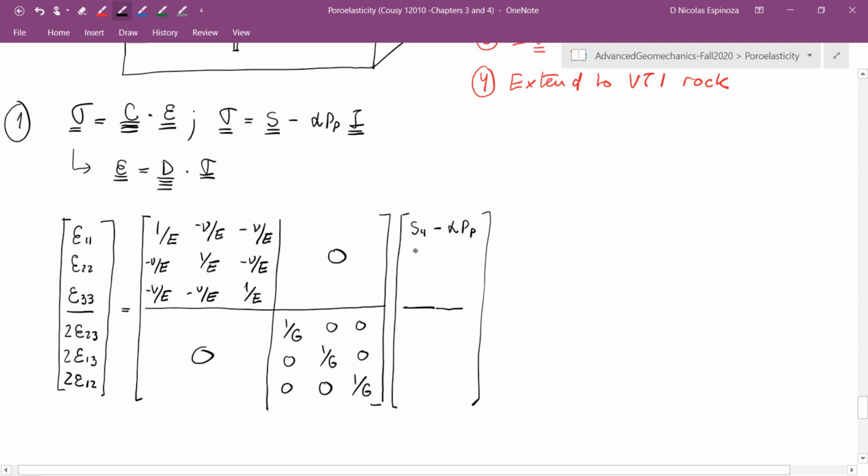Sigma 22 is going to be S22 minus alpha times the pore pressure, and the same for the stress in direction 3. Are shear stresses modified by the pore pressure? No. So here I can just write directly S23, S13, and S12.